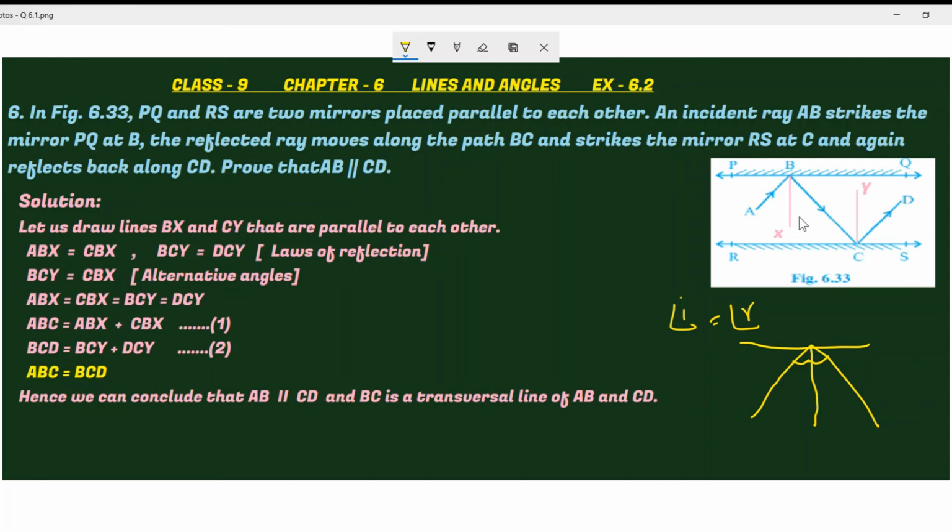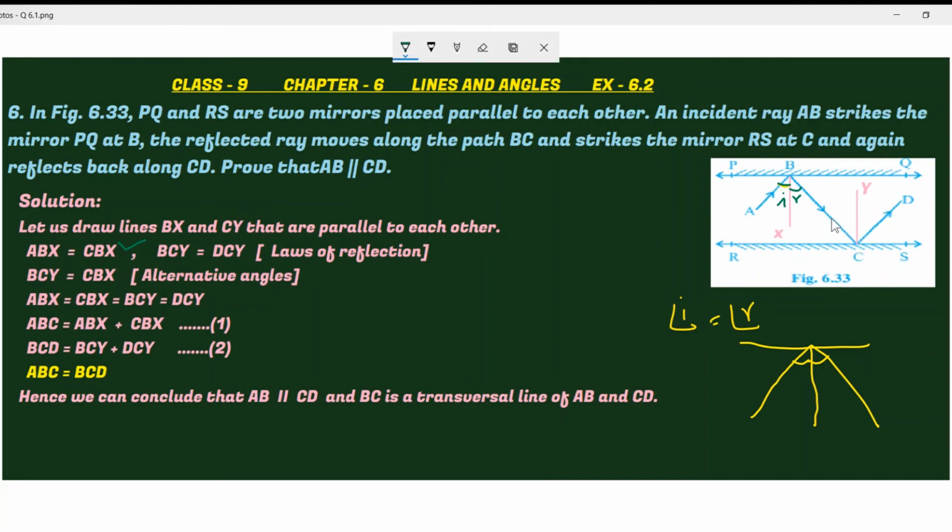Now I am going to write the angles: ABX is equivalent to CBX, because this is the angle of incidence and this is the angle of reflection. So I can write angle ABX is equivalent to angle CBX.